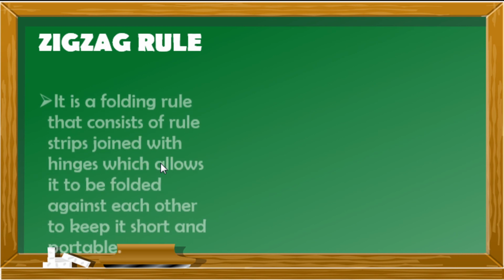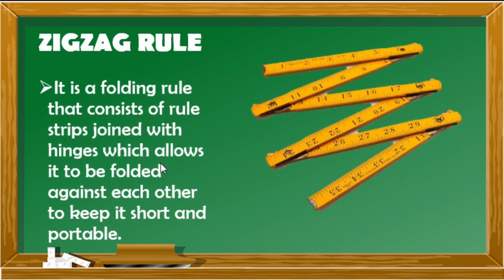Then last tool natin is yung zigzag rule. It is a folding rule that consists of rule strips joined with hinges, which allows it to be folded against each other to keep it short and portable. So same concept naman din siya kung tutusin kay push-pull rule.